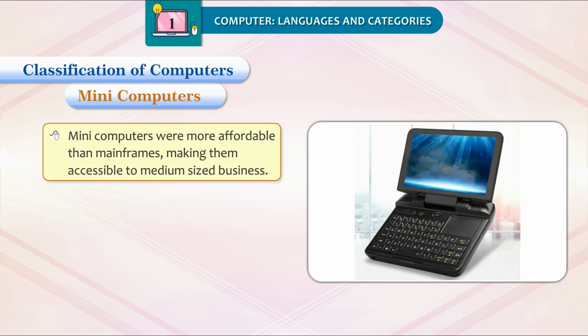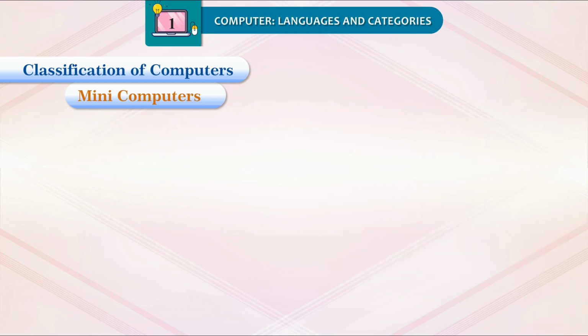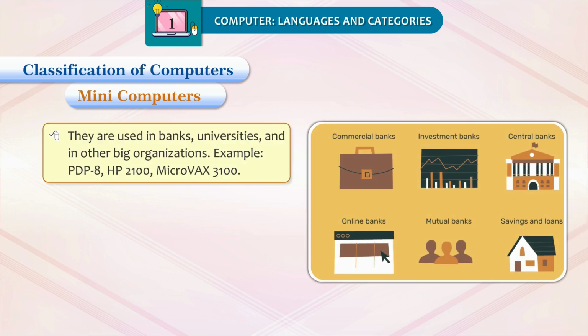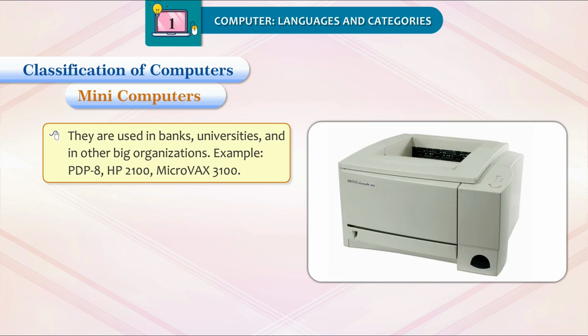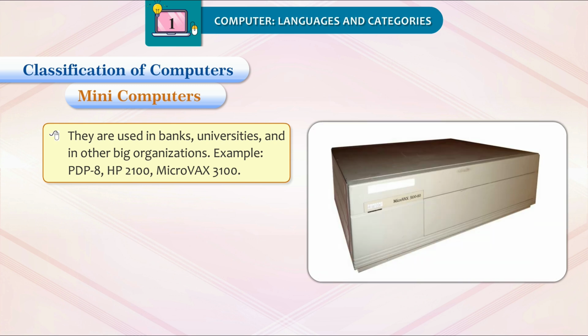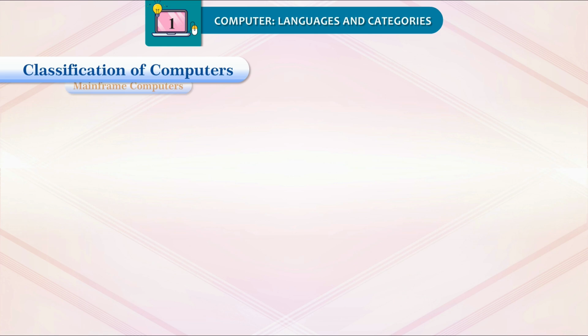Mini computers were more affordable than mainframes, making them accessible to medium-sized businesses. These computers are capable of supporting about 4 to 200 users simultaneously. They are used in banks, universities, and other big organizations. Example, PDP-8, HP2100, Microvax 3100. With the advent of more powerful microcomputers, mini computers gradually declined in the 1980s.